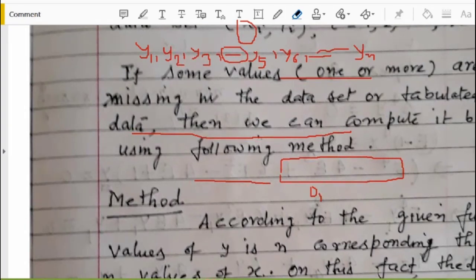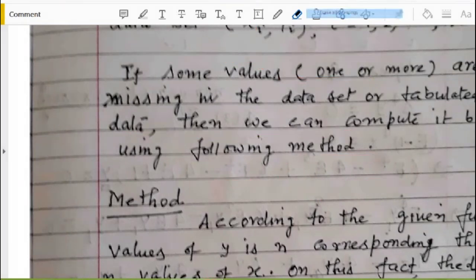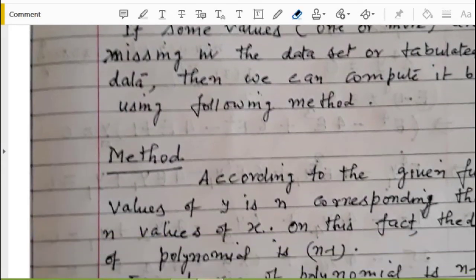Okay, I just take the eraser. Right. Now, this method I would like to explain.